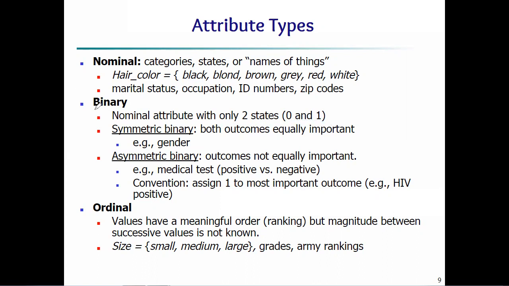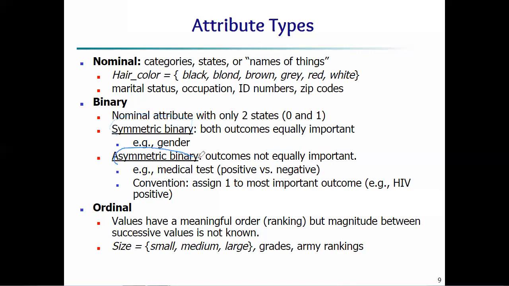Binary again has two parts, symmetric binary and asymmetric binary. So again I'll repeat: nominal story is different, but binary means binary states, 0 and 1, where 0 represents false and 1 represents true. Binary has two parts, symmetric binary and asymmetric binary.